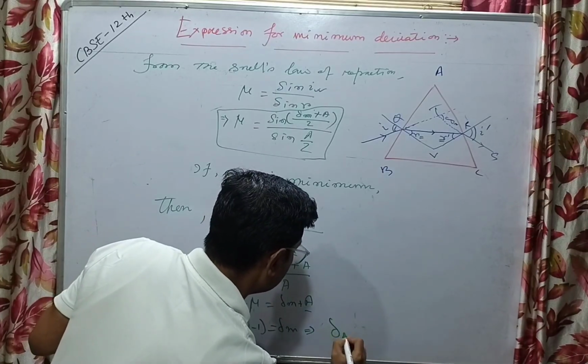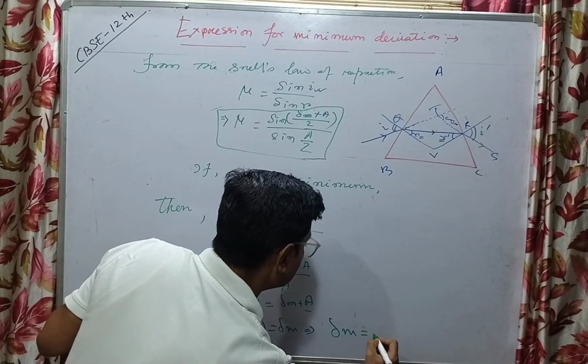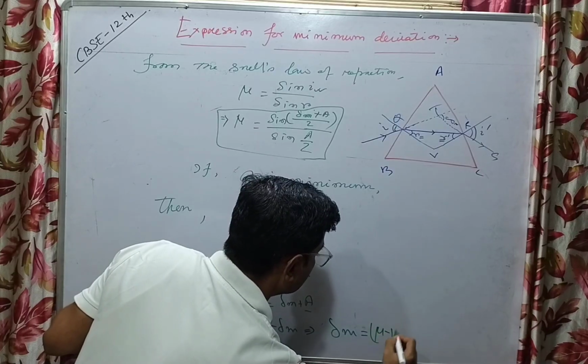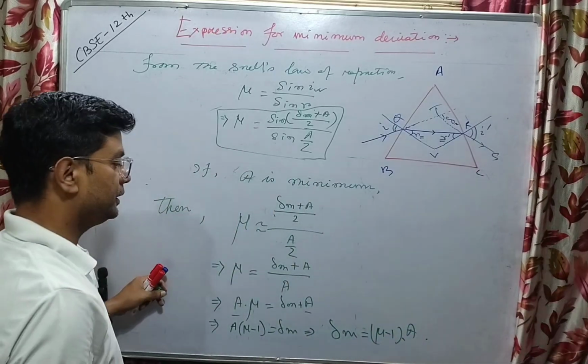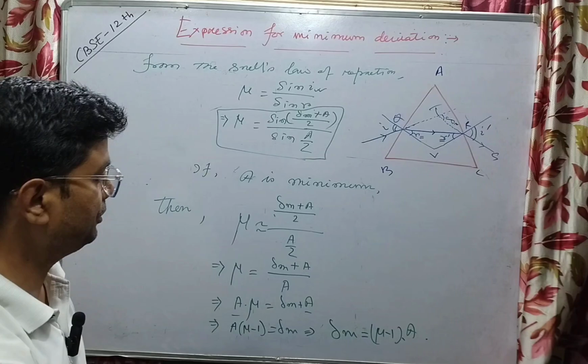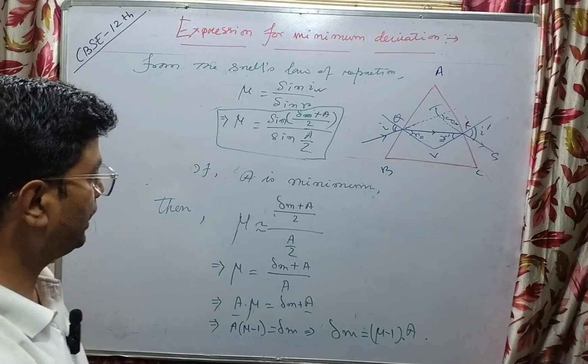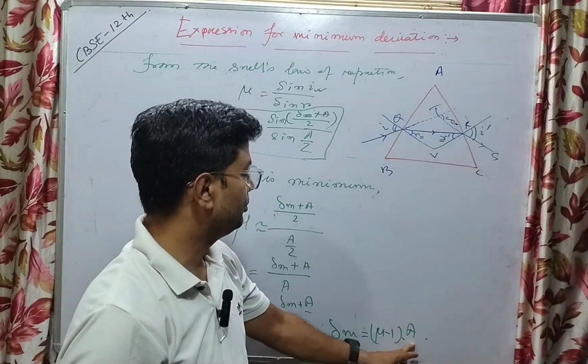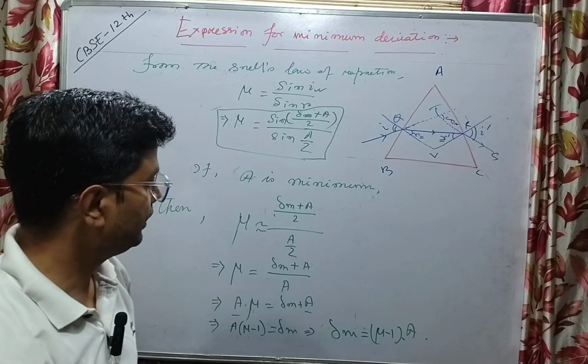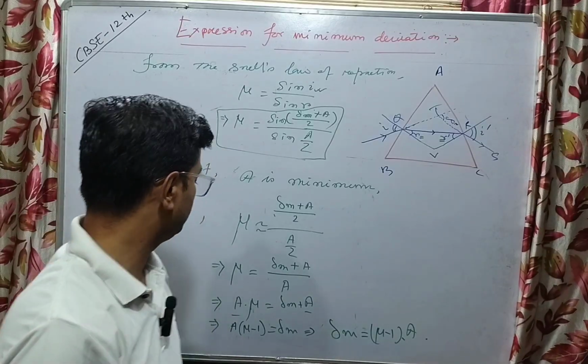You can write delta m is equal to (mu minus 1) into A. This is the angle of minimum deviation. From here you can obtain the value of the angle of the prism and the refractive index also.